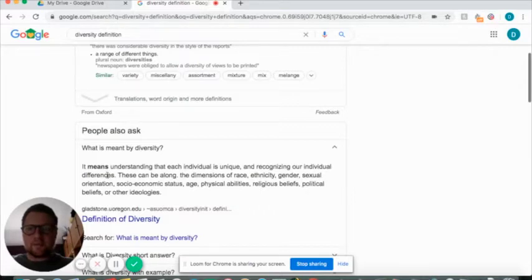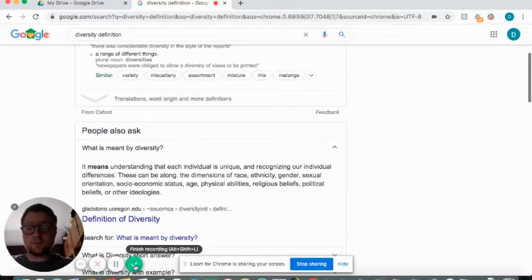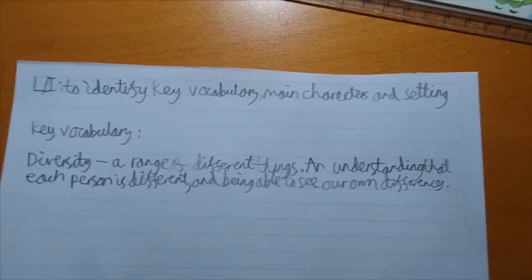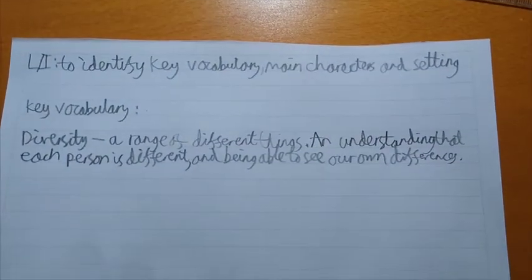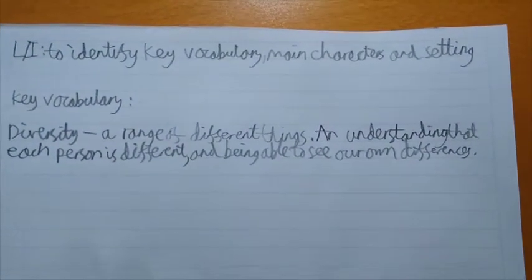So if you didn't come up with something quite like this in your search in a dictionary or your search online, copy this down onto a sheet of paper, which I will show you now. So what I've done for you on this sheet of paper is done my own definition of diversity.